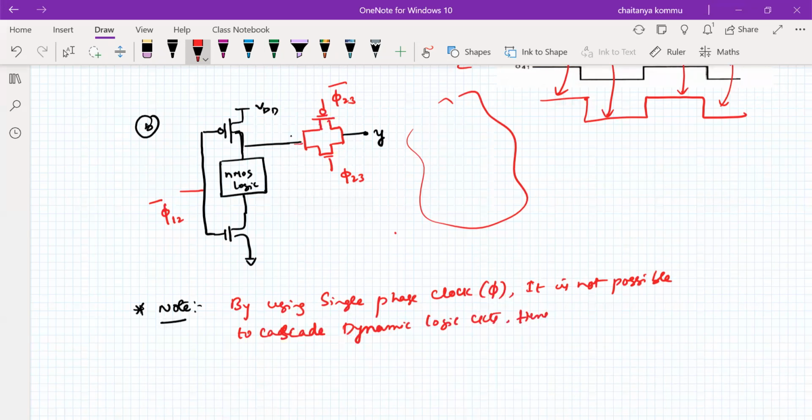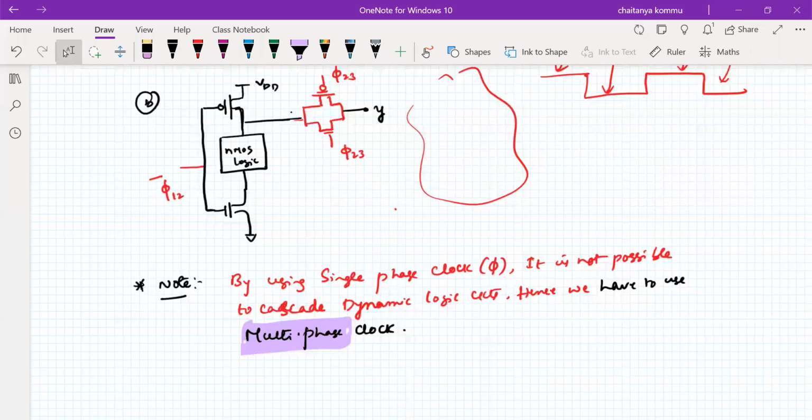Hence, we have to use a multi-phase clock. Right? Agreed? So this is important: a multi-phase clock is important for us. That's the approach.